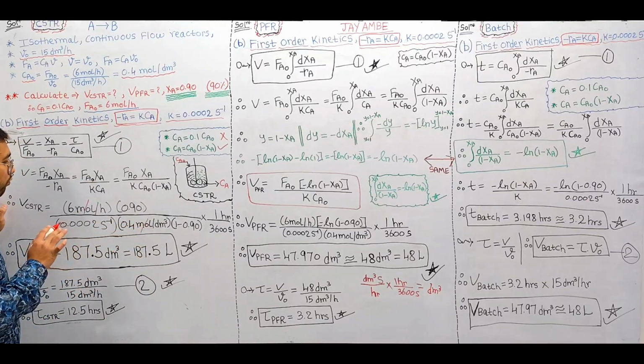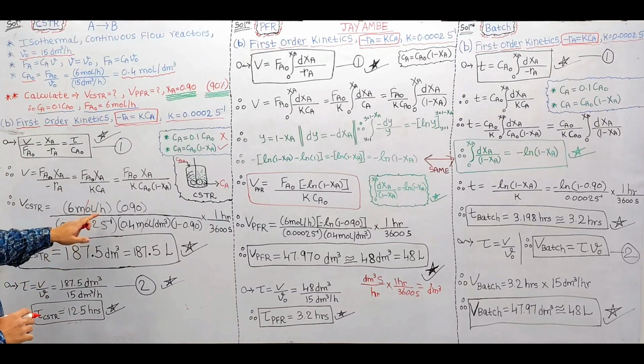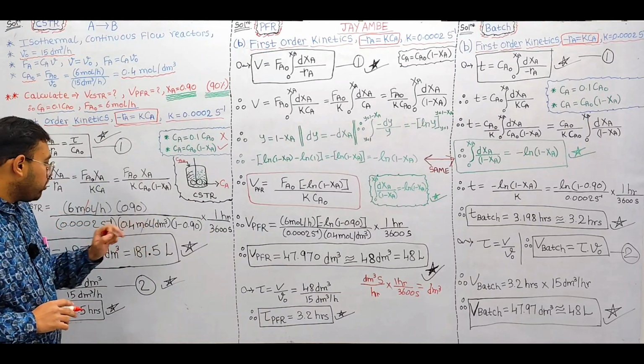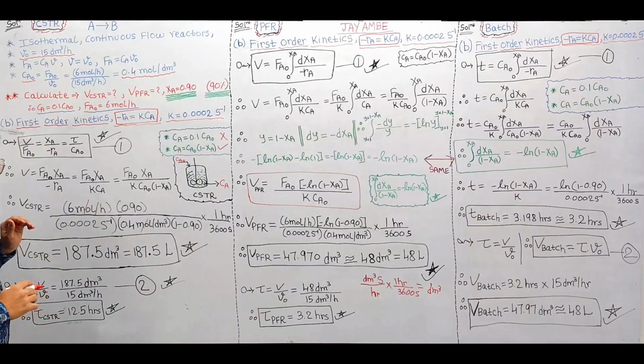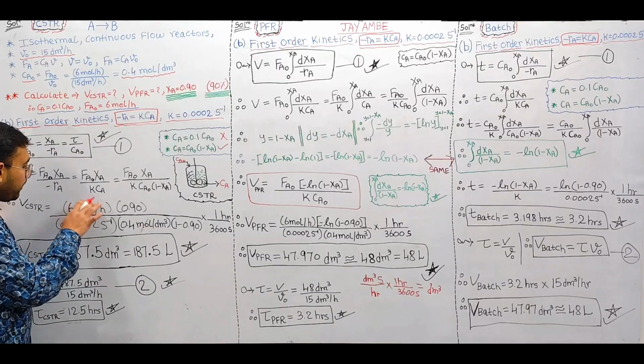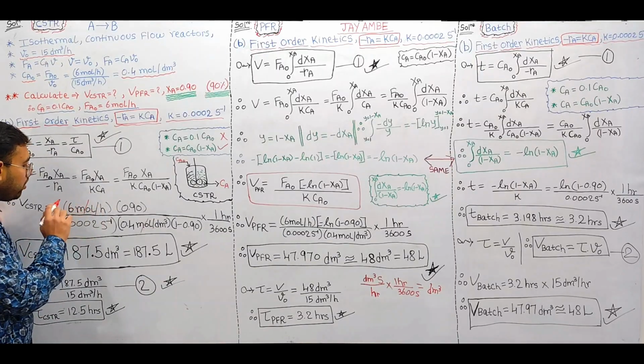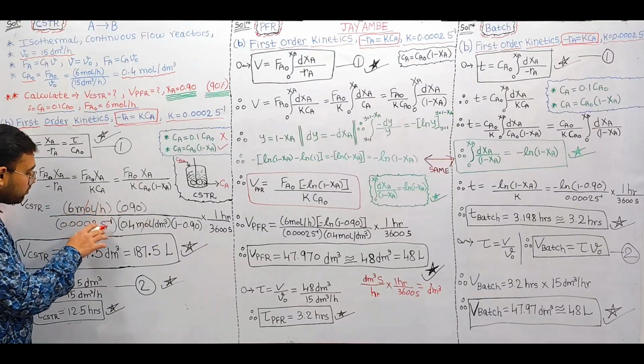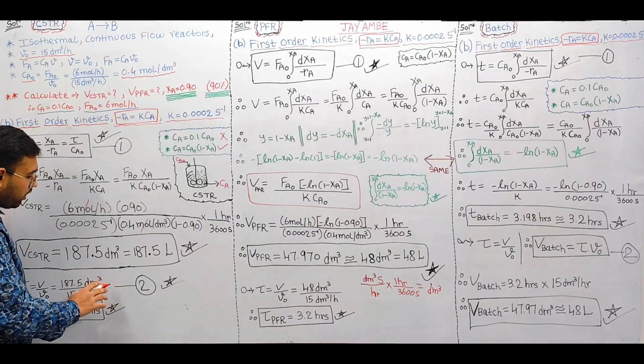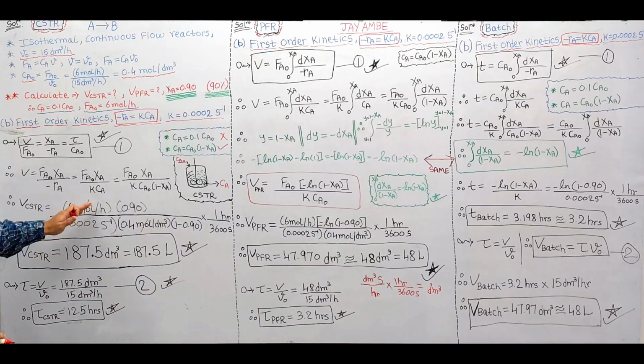Now we remain with hour, second inverse and cubic decimeter. Hours in the numerator will go to the denominator.